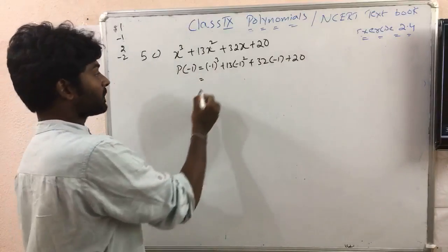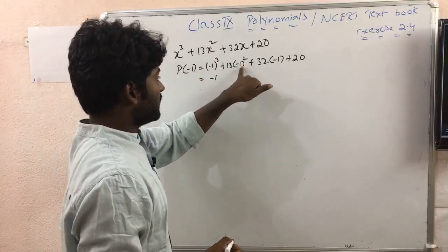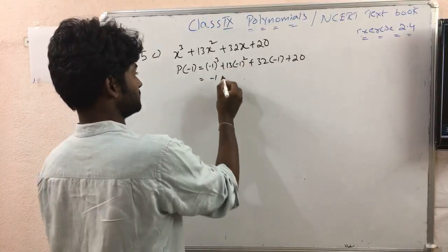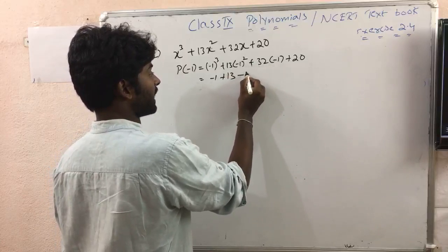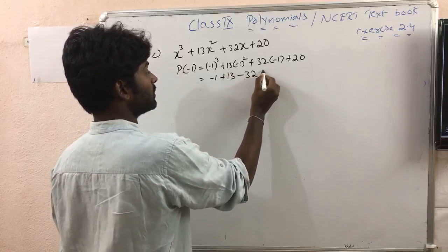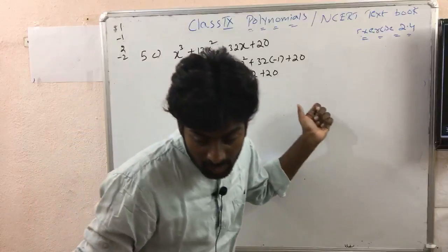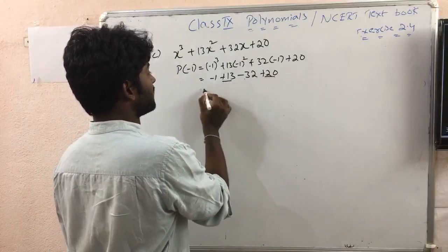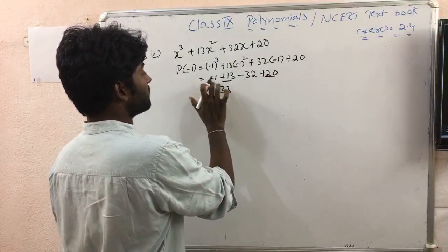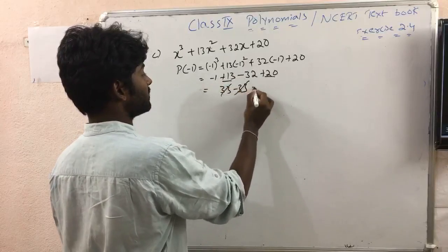That is minus 1 whole cube, minus 1, plus 13, plus 13 itself, minus 32, plus 20. Add negative terms separately and positive terms separately. So 13 plus 20, you will get 33, minus 1 minus 32, you will get minus 33.